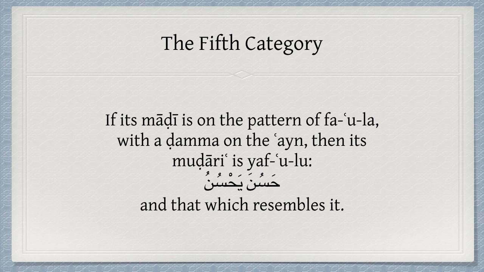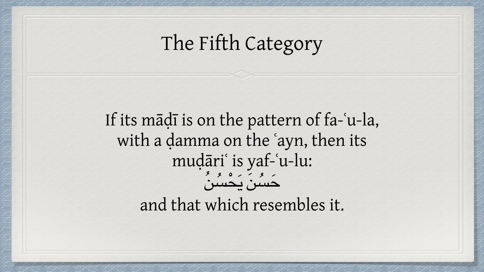And beyond this, we have the final and the sixth category, which, like I said, is basically words which can fit on both alima ya'lamu or hasiba yahsibu and hasiba yahsabu.